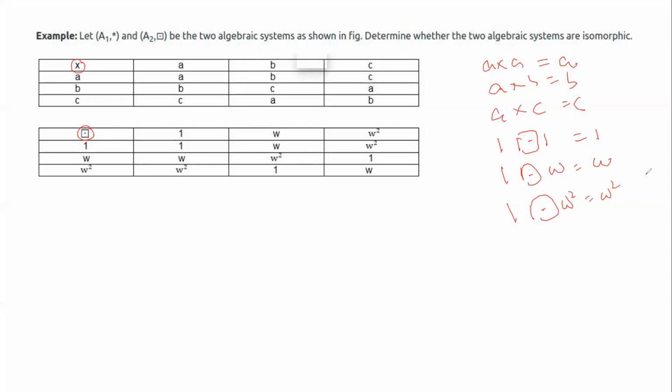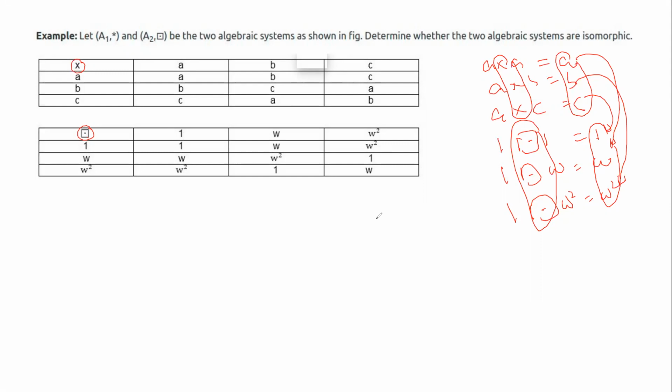Now you have to determine whether these algebraic systems are isomorphic or not. What you need to do for isomorphism is simply replace the elements of the first group by the other, replace the binary operation of one by the other, and the relationship should hold. Suppose I map B to W square, A to W and C to 1, then wherever I have a relation, it should hold.